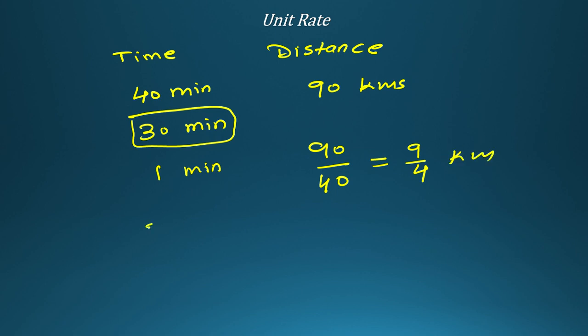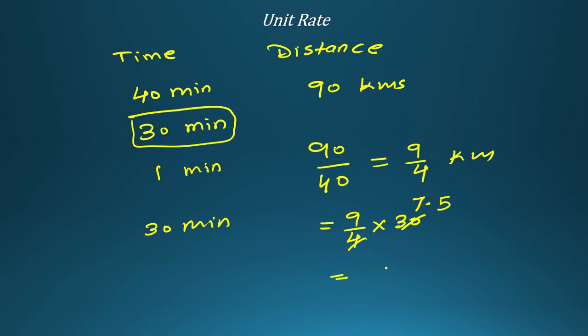So in 30 minutes, how much distance will it travel? It will travel more distance, so just multiply. 9/4 multiplied by 30, and you have studied in fractions how to multiply fractional numbers. Just divide 30 by 4. 4 sevens are 28, then 2 remainder, 4 fives are 20, so 7.5.